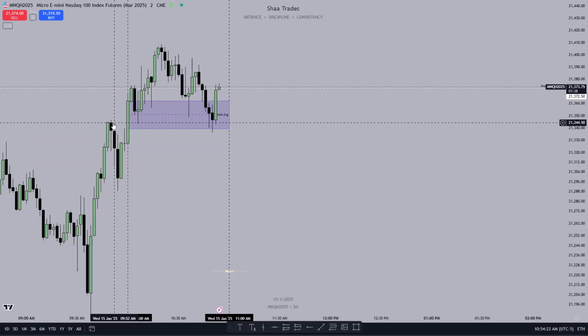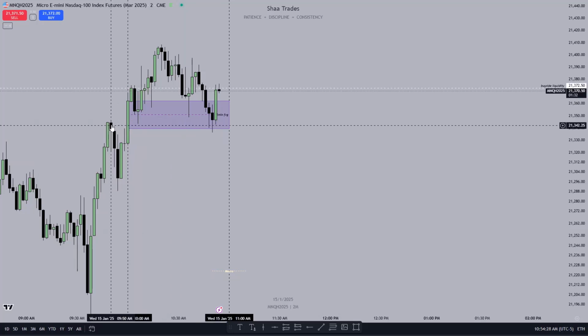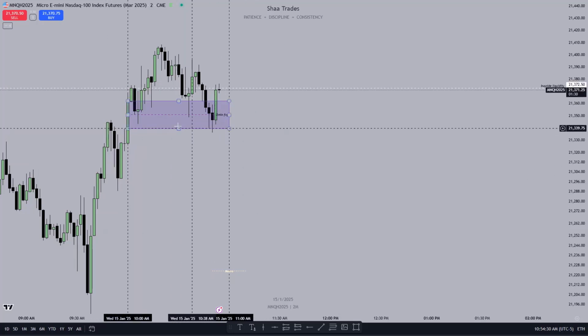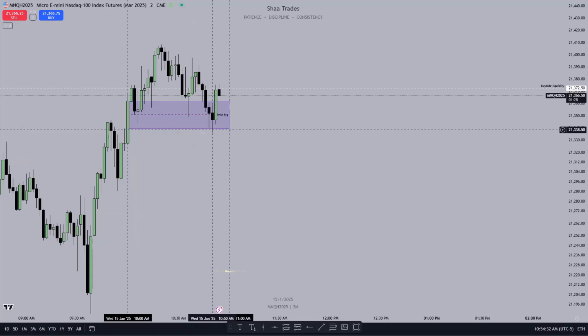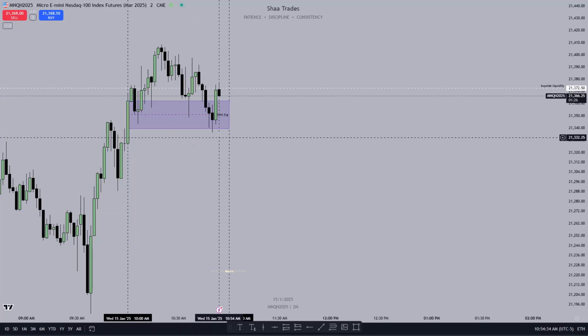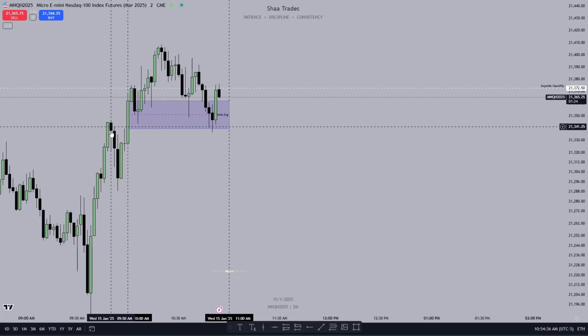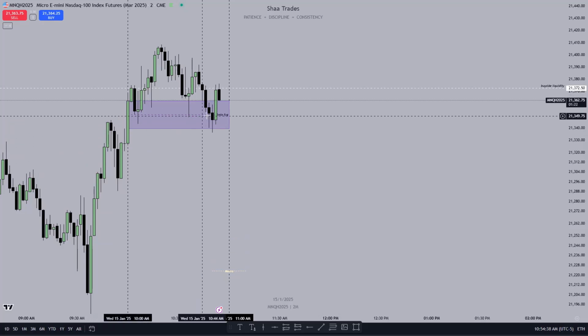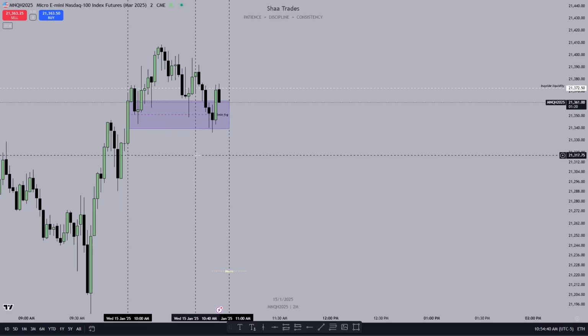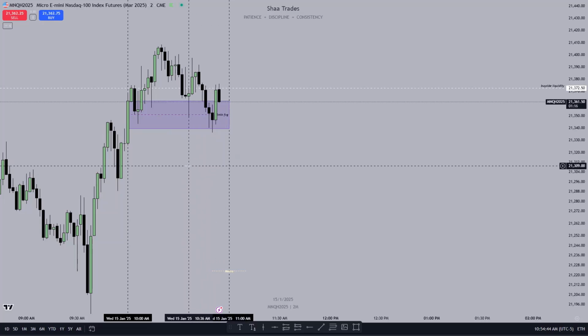I'm not gonna draw that out because I don't want too much on my chart. And price hit that, even though we're in a fair value gap. Price didn't close below it as yet. It went below, but as we mentioned, bullish order block. So we want to see price close below that first before we engage with anything.